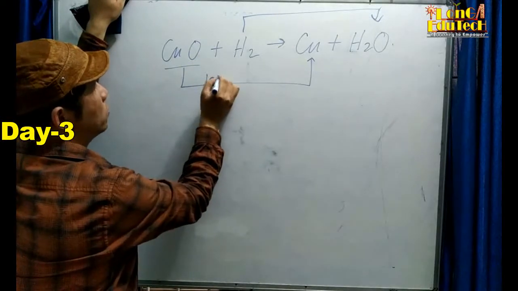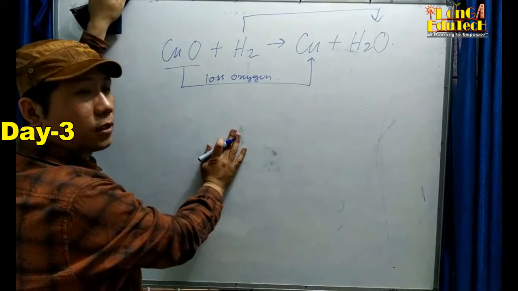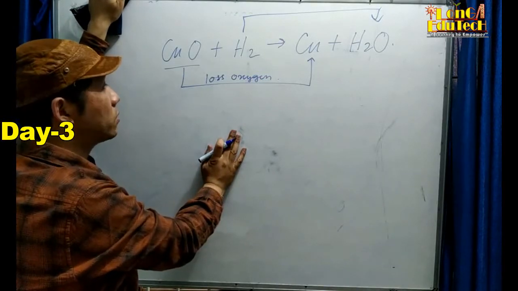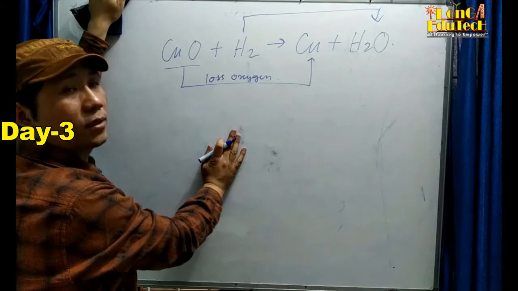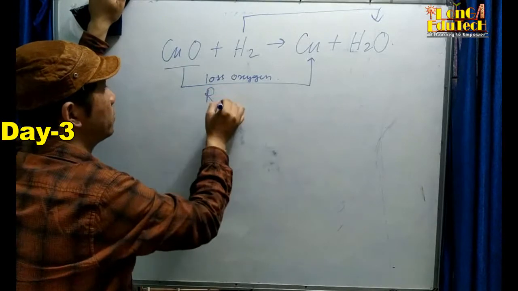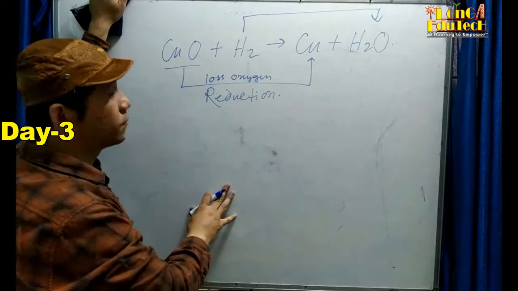There is the loss of oxygen. If oxygen is lost from any species, then what do you say? Is this oxidation or reduction? Loss of oxygen is reduction, right? So here a reduction reaction takes place.